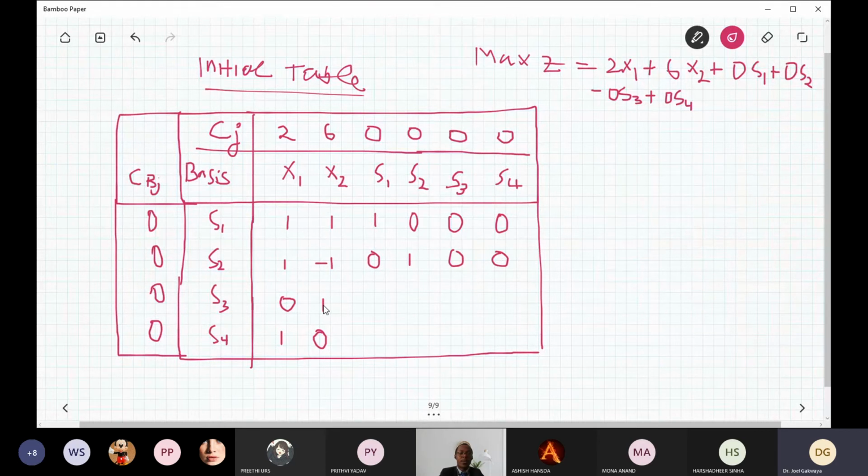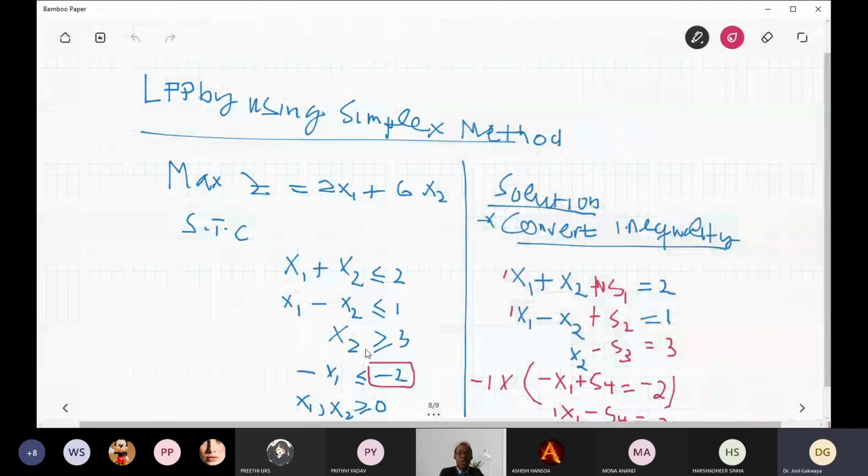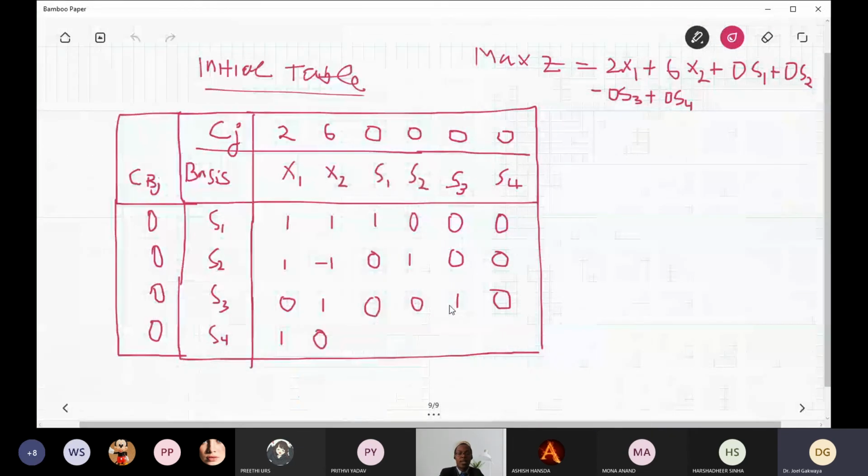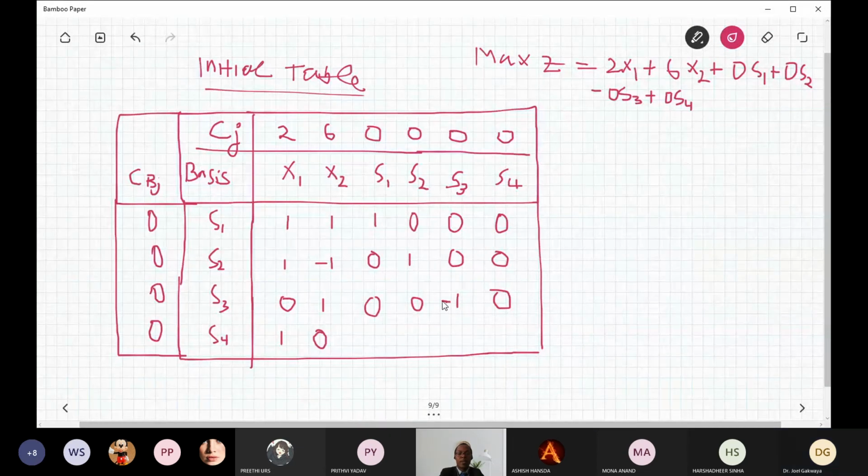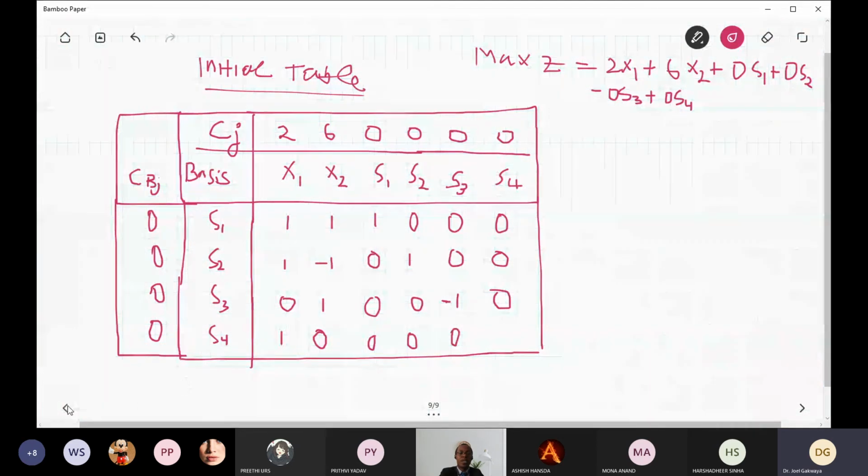For the third equation, we have 0, and we have S3. Let me come back and look at the third equation. We have minus, so it's supposed to be minus 1, not 1. The coefficient is minus 1. For the fourth one, this is 0, 0, 0.